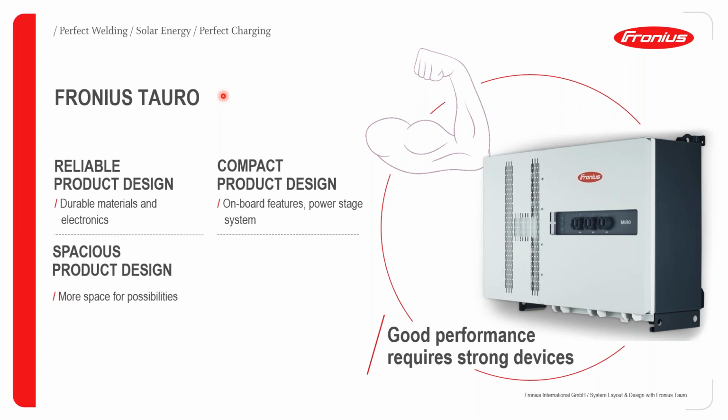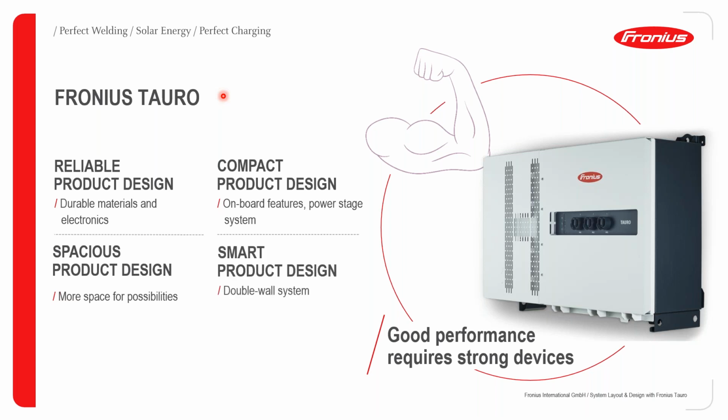So one of them could be, for instance, in a field installation, you might want to integrate a router or a switch for LAN network inside one of the provided compartments within the Tauro. And that also provides the component that has been retrofitted into the Tauro with the same IP protection as is equipped for the Tauro inverters.